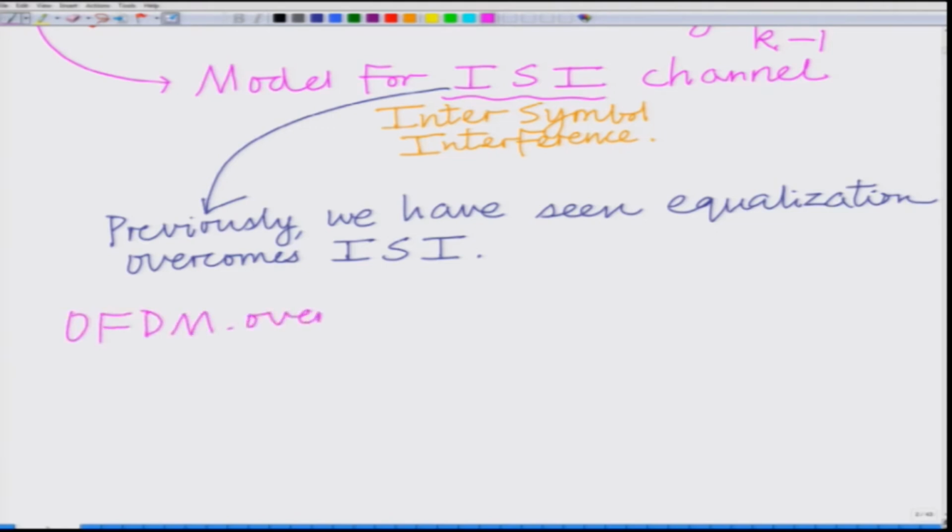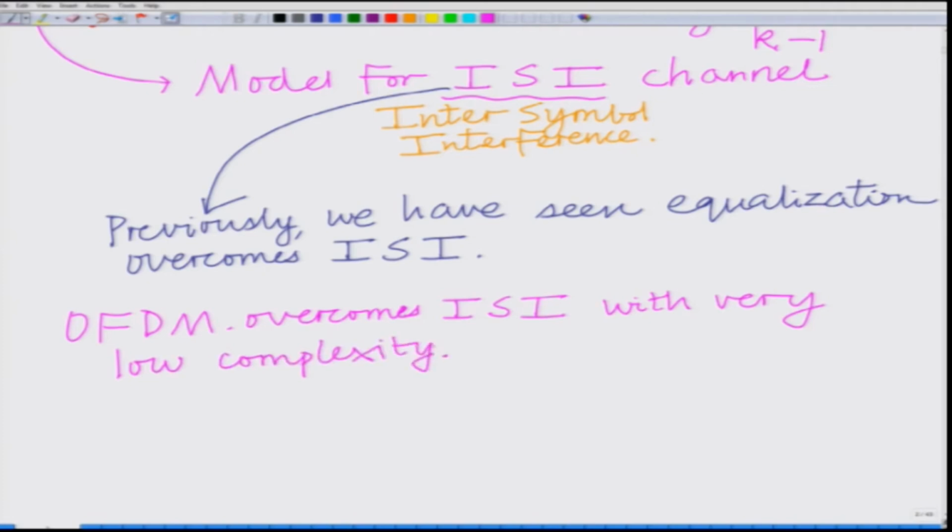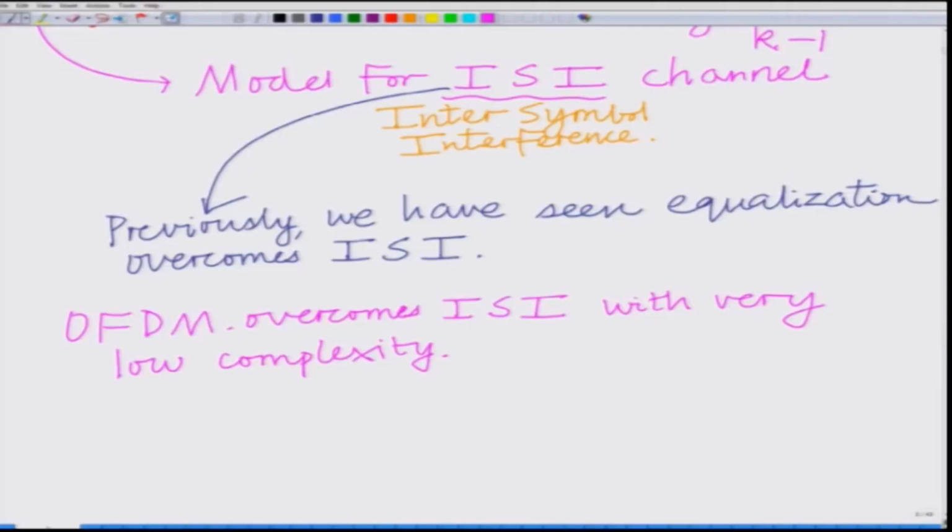OFDM overcomes ISI. OFDM has many advantages. One is that it overcomes ISI with very low complexity, and that is the advantage of OFDM, that it is a very low complexity or a very efficient scheme to overcome the inter-symbol interference in the wireless channel.